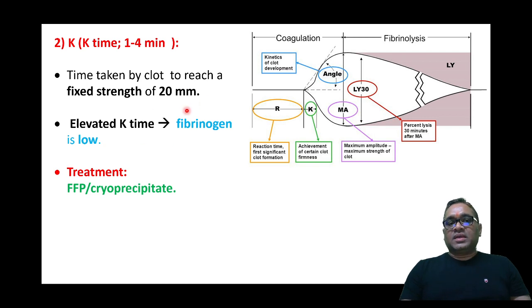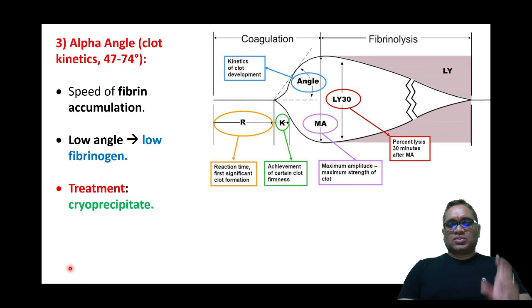So whenever K time is prolonged, what should you give? You should give FFP or cryoprecipitate. It is better to give cryoprecipitate, so cryoprecipitate will be the good option. If cryoprecipitate is not there, then you can give FFP, because cryoprecipitate is rich in fibrinogen. So the first option should be cryoprecipitate, and the second option should be FFP. Done. So R and K are done.